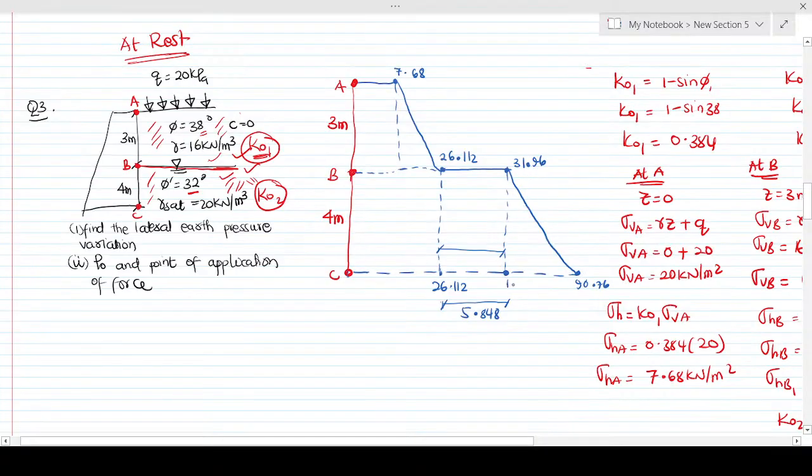I just want from here to here, so I subtract 31.96 from 90.76, and that is going to give us 58.8. You get it?